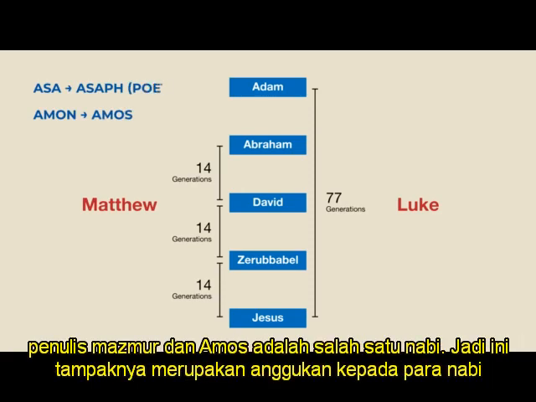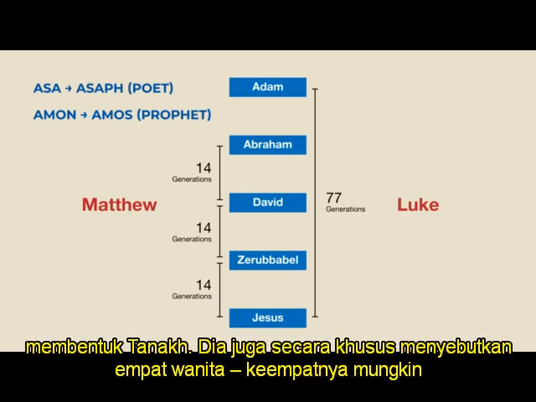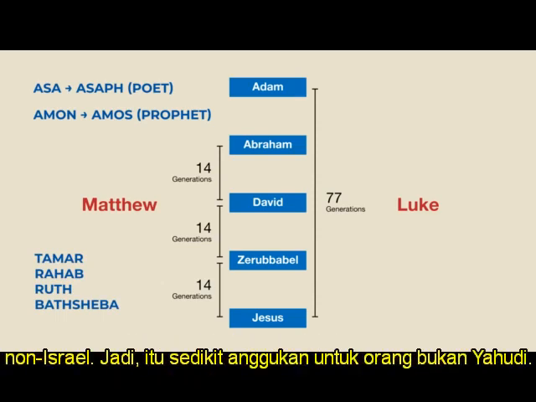Asaph was a writer of Psalms, and Amos was one of the prophets. So this would appear to be a nod to the prophets and the writings, the 2 sections of the Hebrew Bible that, together with the Torah, make up the Tanakh. He also specifically mentions 4 women, all 4 of whom were probably non-Israelites. So that's a little nod to the Gentiles.